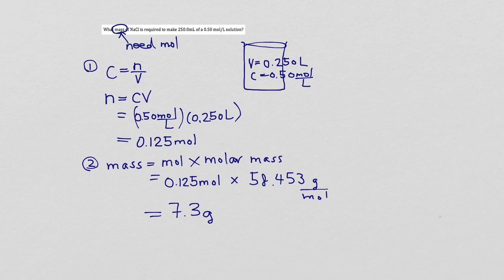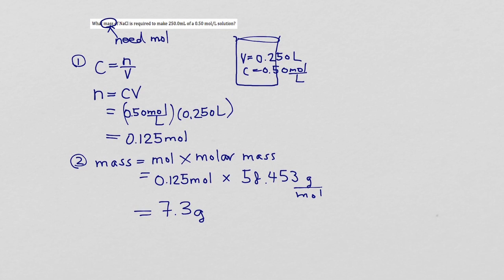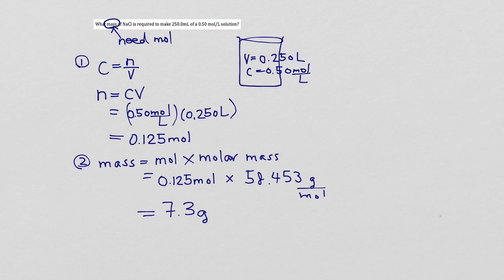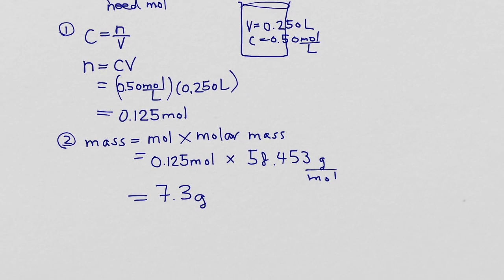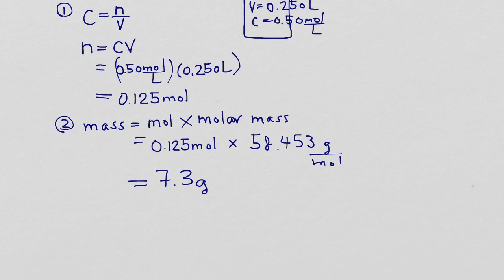So again, what we're saying is we know the concentration of the solution we want to make. We know how much we want to make of it. So when I'm making the solution, how many grams of the solid do I need in order to make the solution? So if we were to draw this, here's my balance.